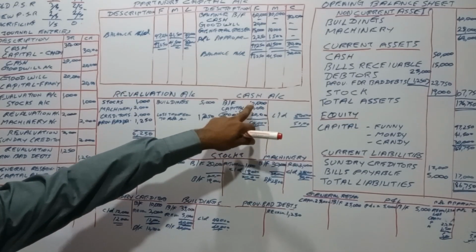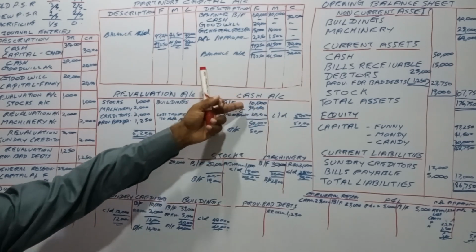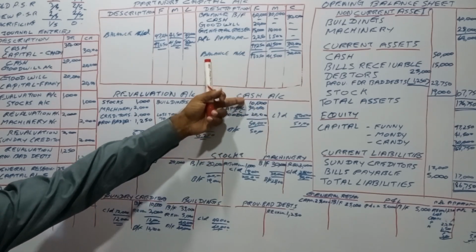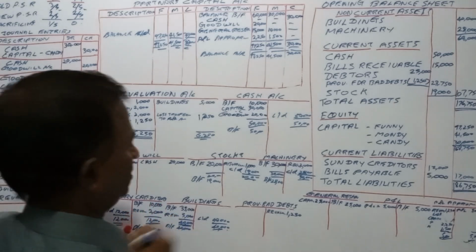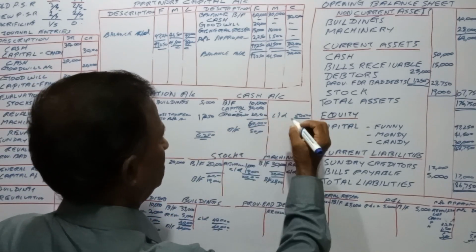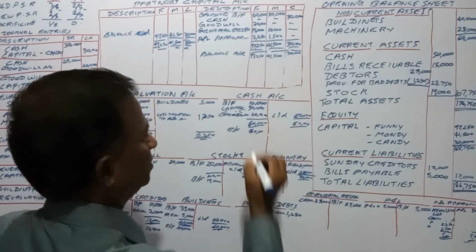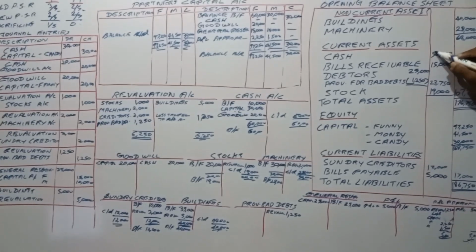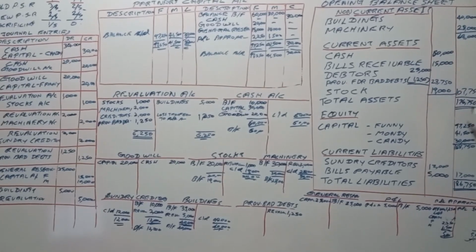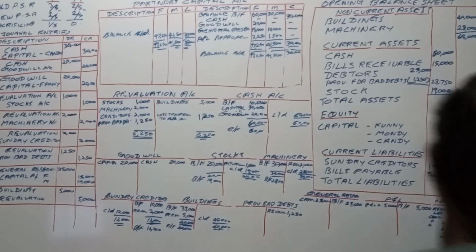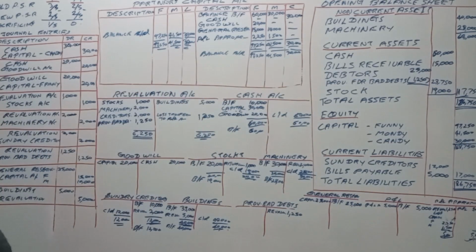There is a 10,000 difference here. It should be 60,000, right? This is 60. Then this is also 60, so 186,750 and 186,750. The balance sheet is balancing.